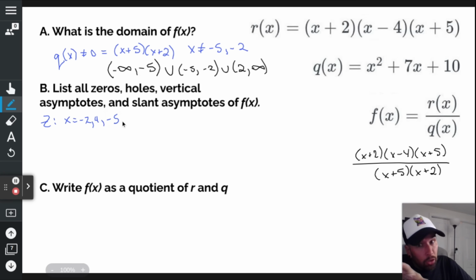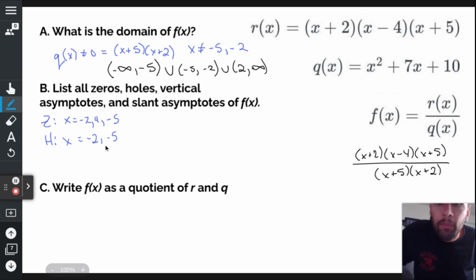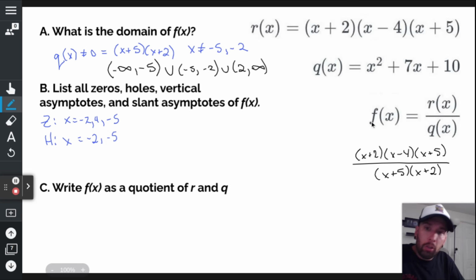Now that will change in a minute, because holes exist where my factors upstairs and factors downstairs are the same. So that happens at x plus 2 and x plus 5. So my holes exist at negative 2 and negative 5, which means if I were to graph these, basically this takes on the role of just a linear function.